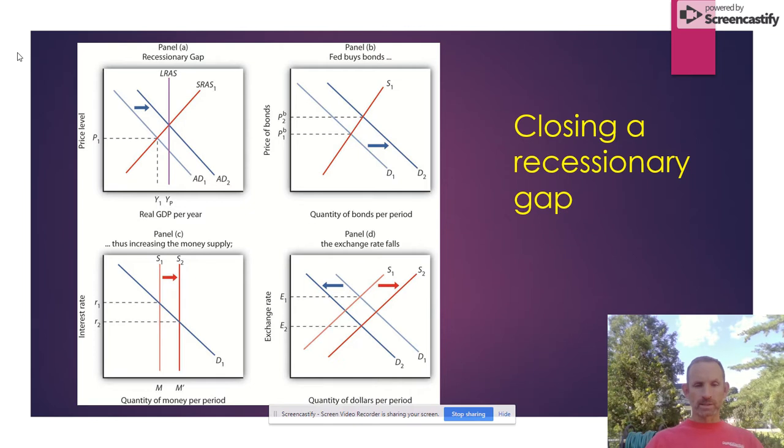As the supply shifts out to the right, the price of money falls. The price of money is the interest rate, so this pushes down the interest rate. And panel D shows you that it also changes the exchange rates. How does it do that? It puts all these dollars out there and decreases interest rates.